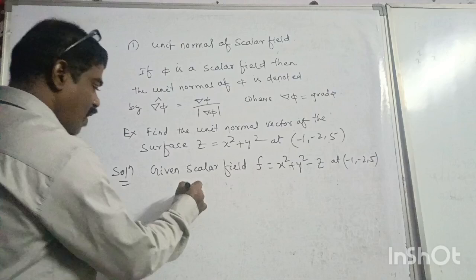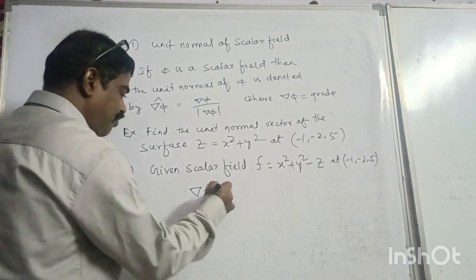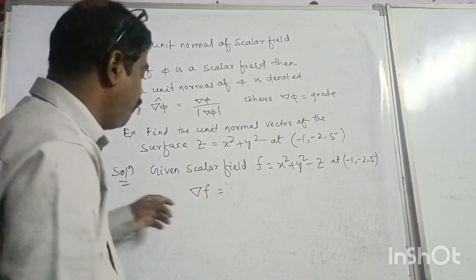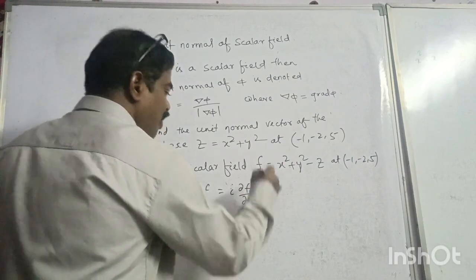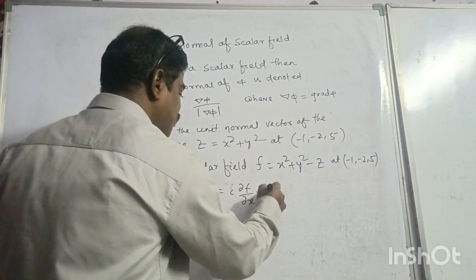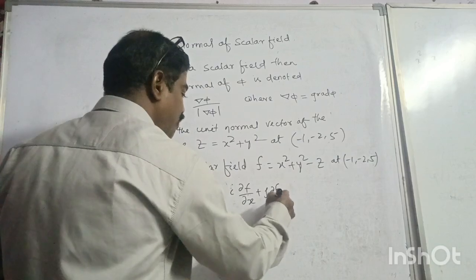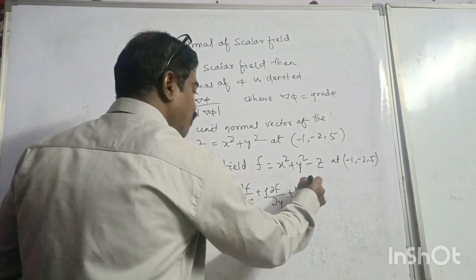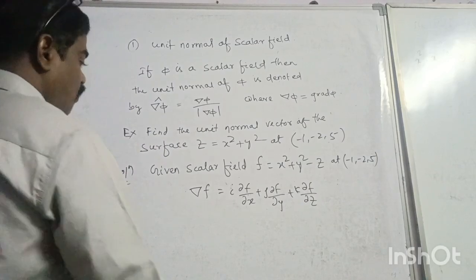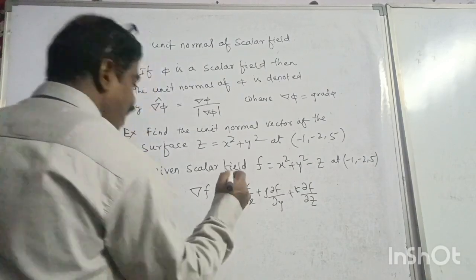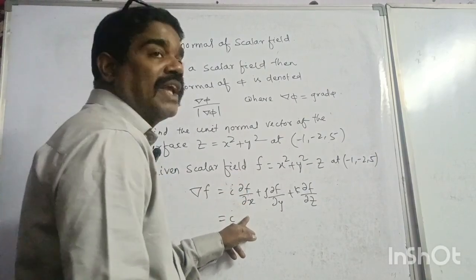We have to find first nabla f. Nabla f is what? The formula is i ∂f/∂x + j ∂f/∂y + k ∂f/∂z. Have you understood or not?